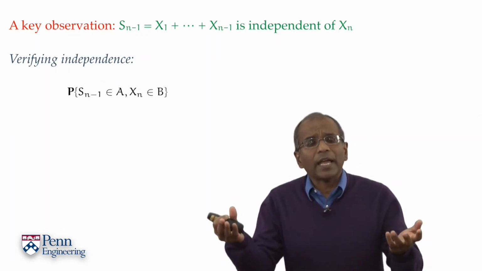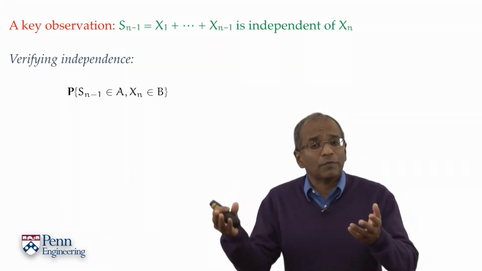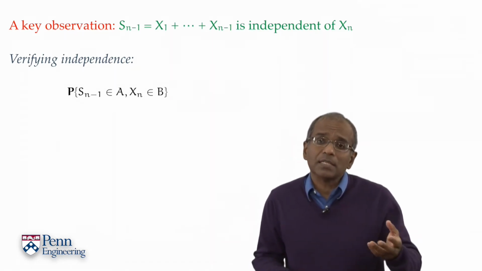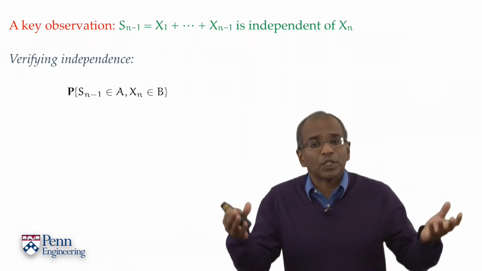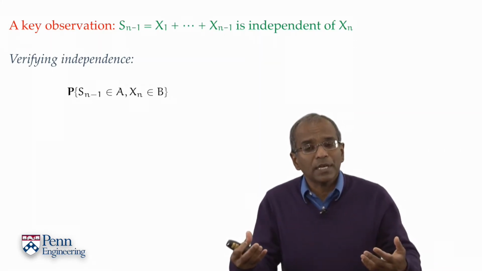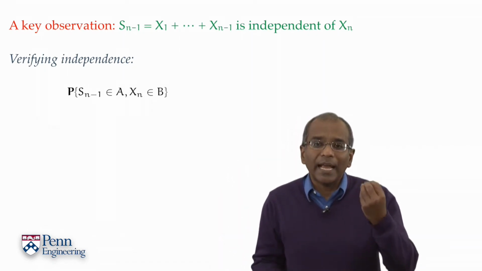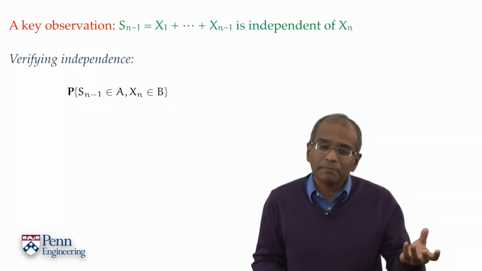So think of A as some subcollection of real values, maybe an interval or a collection of intervals, and B as some other interval or collection of intervals, and we're asking for the joint probability of the event that Sn minus 1 lies in A and Xn lies in B.